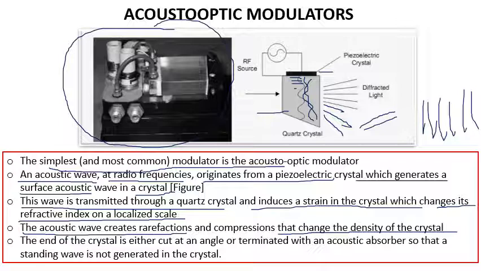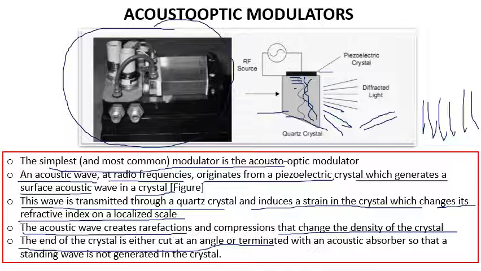You can see in the figure the end of the crystal is either cut at an angle or terminated with an acoustic absorber. This end of the crystal is either cut at a certain angle, you can see this angle here, or if they don't cut it this way, then they put an acoustic absorber.